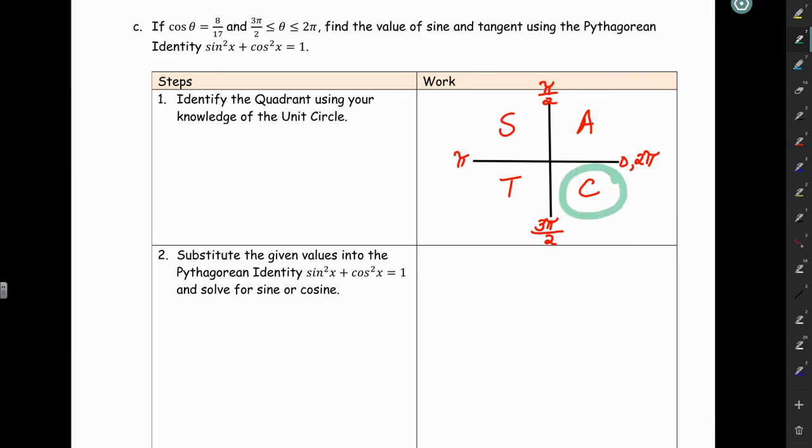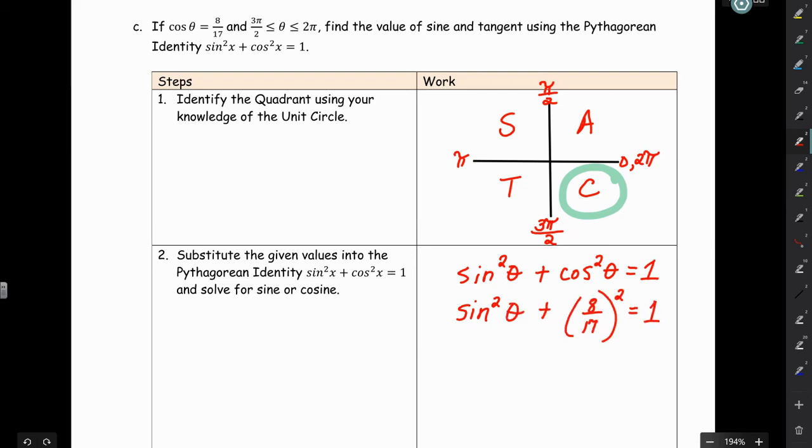Now we're going to substitute our given values into the Pythagorean identity and solve for either sine or cosine. We were given cosine, so we're going to be solving for sine. So we have sine squared theta plus 64 over 289 equals 1. So sine squared theta is equal to 1 minus 64 over 289.